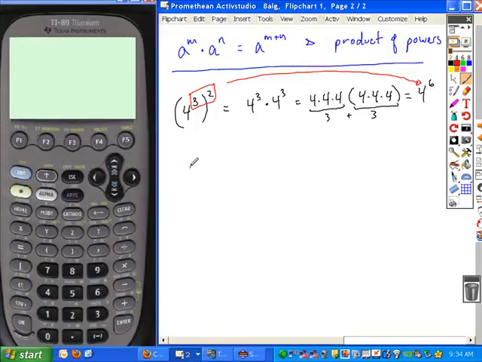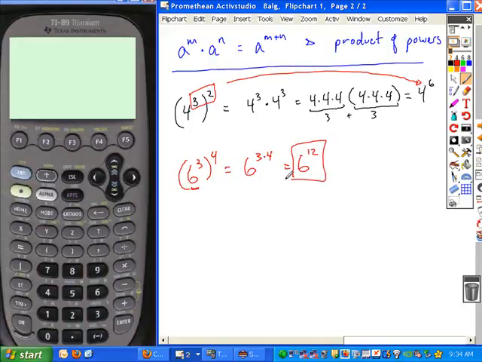So if you did something like 6 cubed to the 4th, you can simplify this by taking your common base, 6, and you're going to take it to what power? With a power to a power, you multiply. So we're going to take 3 times 4, and we get 6 to the 12.